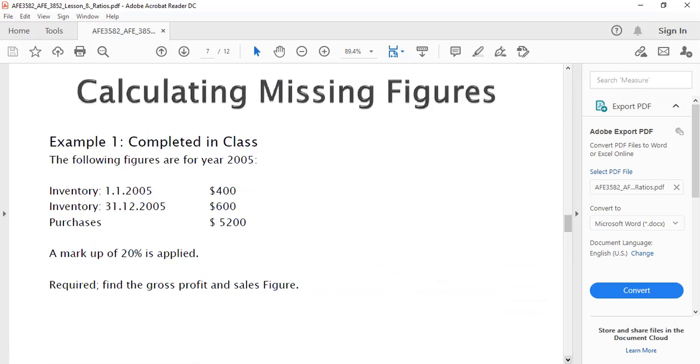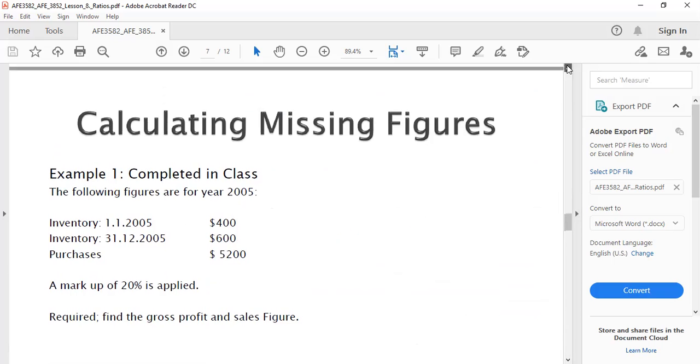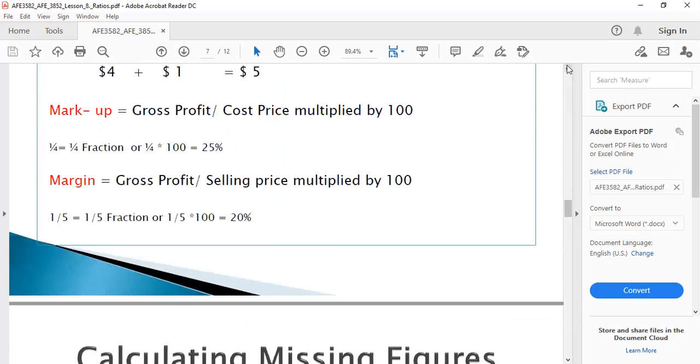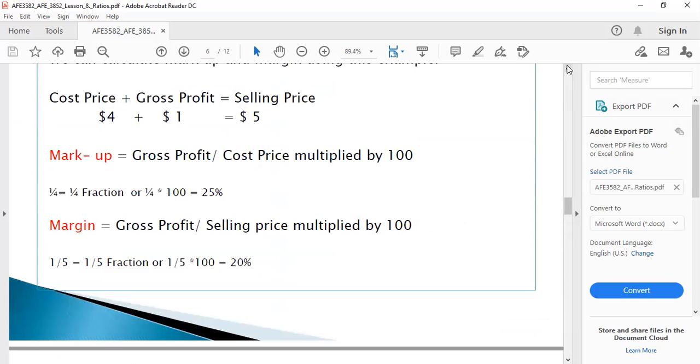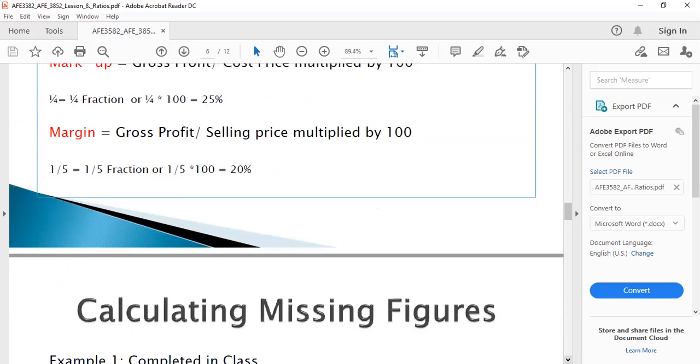Now, how do we calculate missing figures? Before we go to calculating missing figures, there's another thing that you need to know.